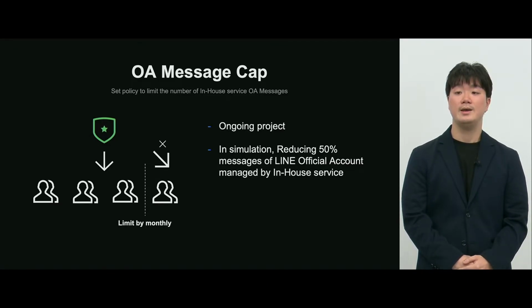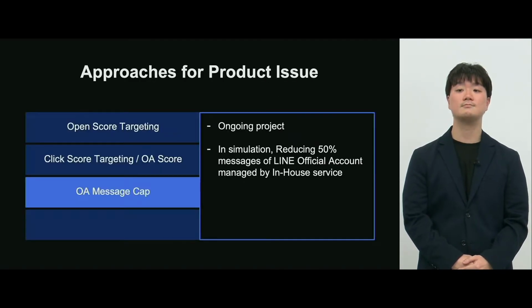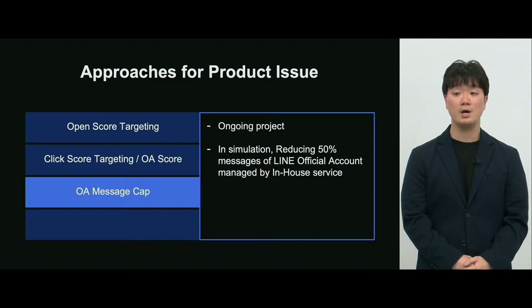We are not going to talk about the details, but simply put, based on the number of followers of the account, we set a cap on the total number of messages to be sent. By doing so, I believe that the LINE public accounts will reduce the total number of messages by down to 50%.